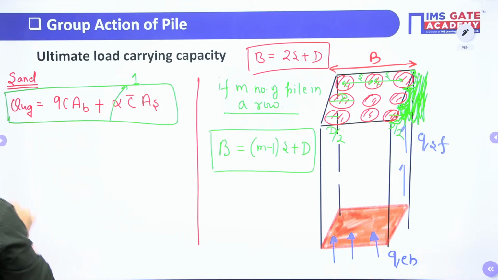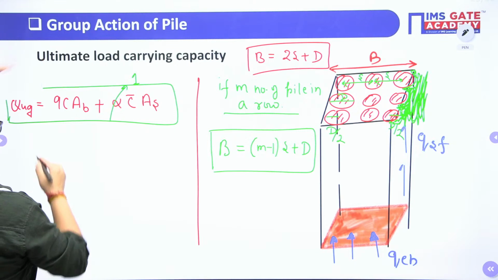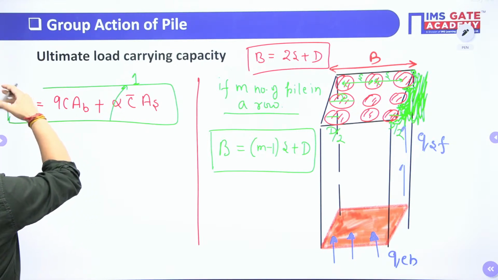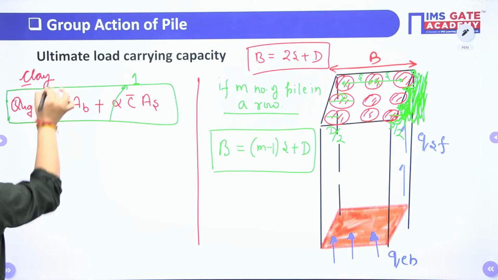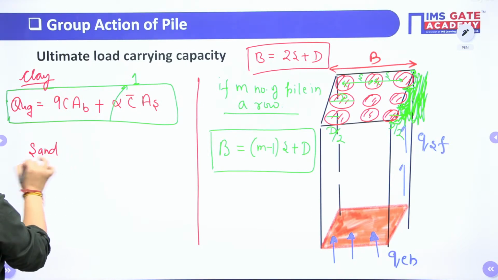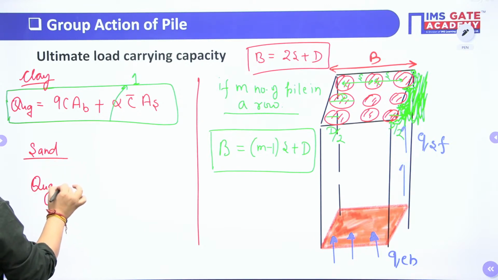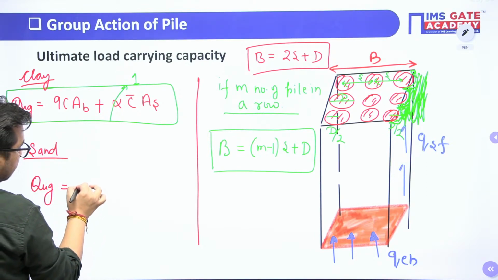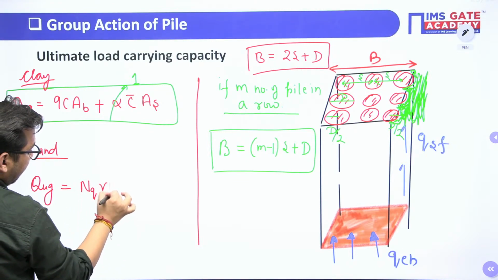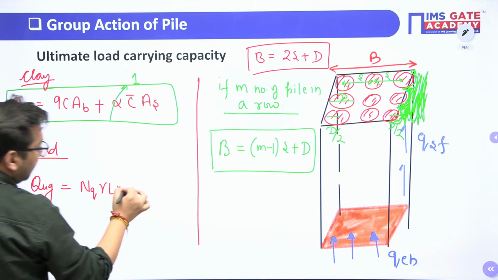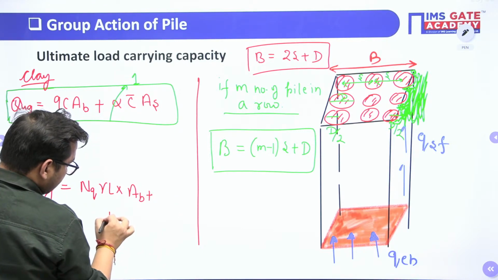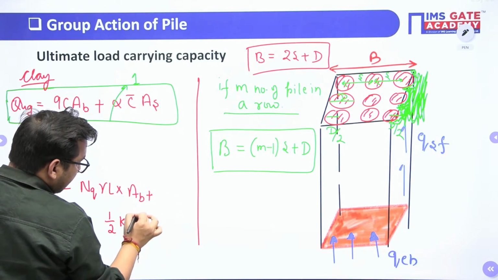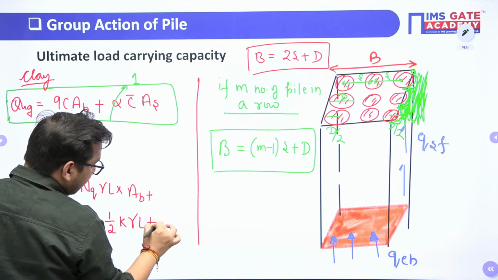Clear? Similarly, in case of sand, always I am taking it wrong. For sand, if I write, what will be the formula? QUG will be equal to what? QUG value, we know it is NQ into gamma into L into AB plus half K gamma into L into tan delta.